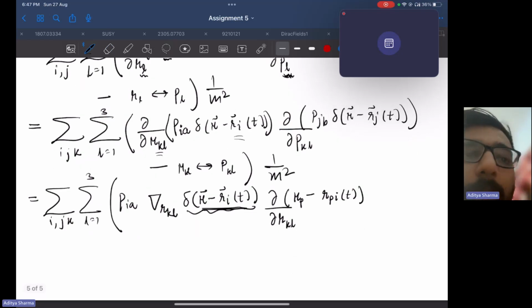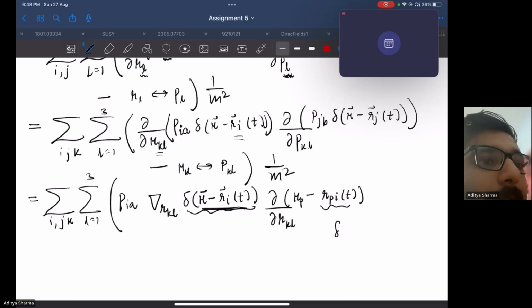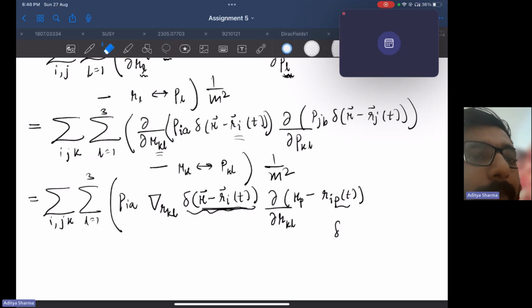So when you take the derivative, you're going to differentiate this, and you are going to get a Dirac delta over, oh sorry, this should be i. This is for the particle. Yeah. You're going to get the Dirac delta over only L and p.